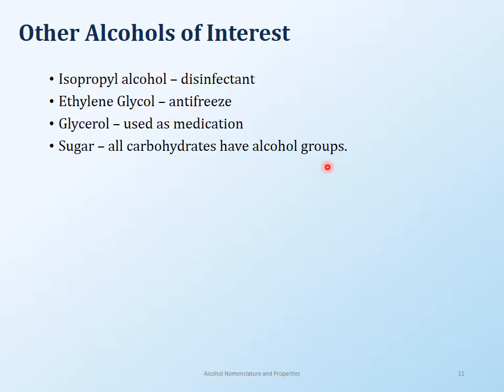Fructose by itself will give you a different taste. Glucose by itself is going to give you a different taste, but you put them together as in a chain, and those two molecules combined give you sugar, which has a different taste then. So almost all carbohydrates have alcohol groups in them, but then again, not all of them are sweet. They have sweetness to varying degrees. Okay, but anyhow, those are some of the alcohols that we find in our lives.